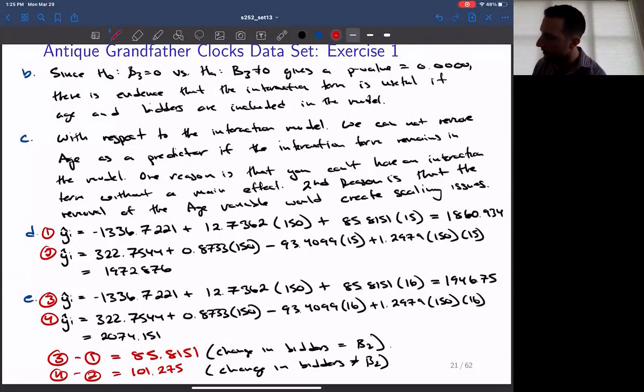And then clearly the 101.275 does not equal beta 2, which would be the expected change if we weren't including interaction. But we should be able to figure out exactly what it is a function of. Like that's going to cancel, that's going to cancel. That gives us the 93.